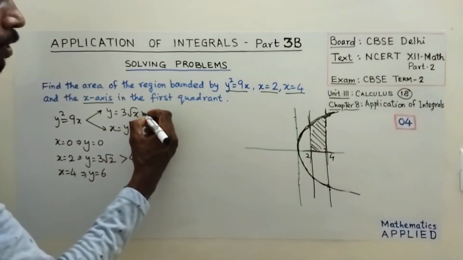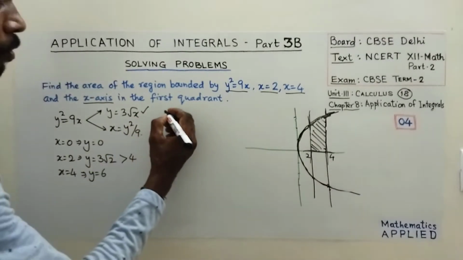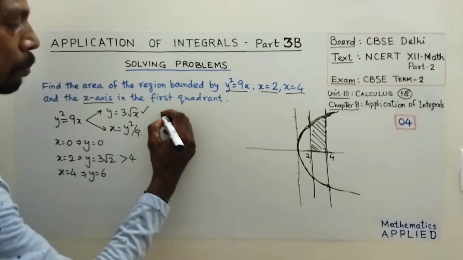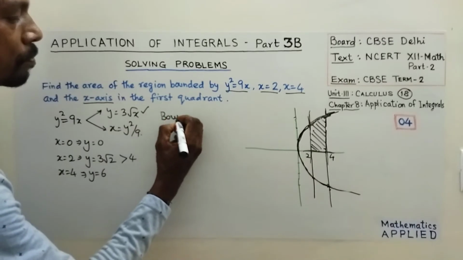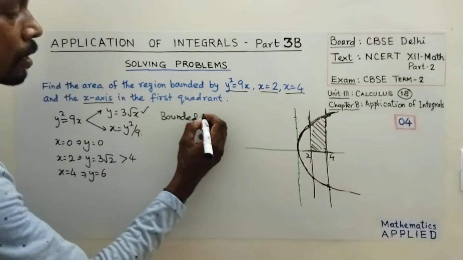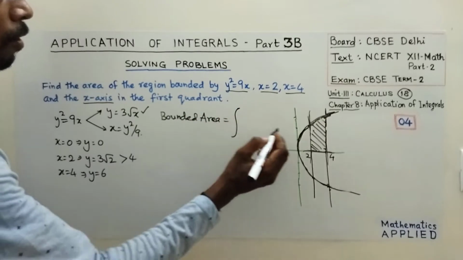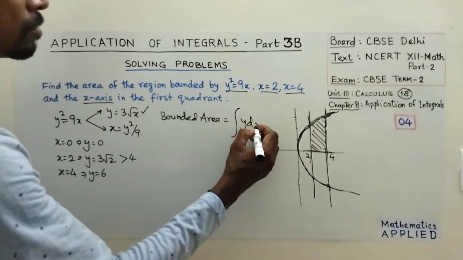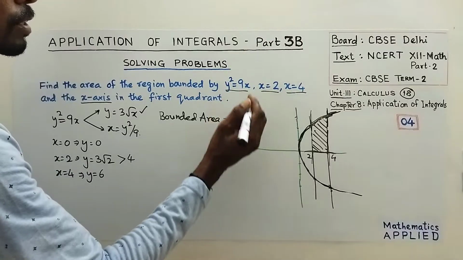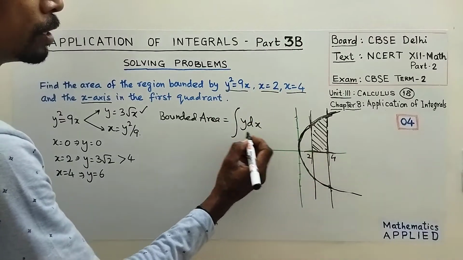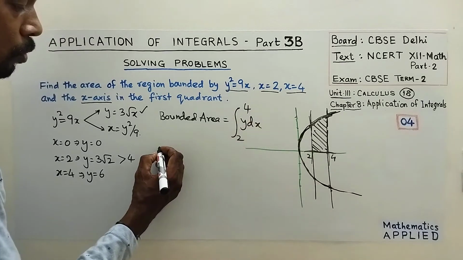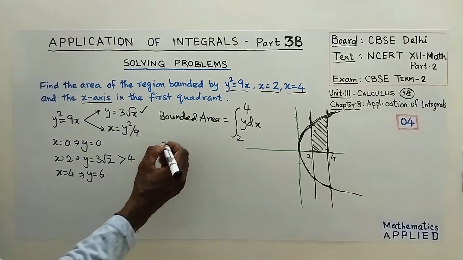So the curve that we are going to choose is this one. So we will say the bounded area is equal to the integral of y dx with respect to x, because it is making the region with the x-axis, from point 2 to 4. So that's it. Now we can solve this one.